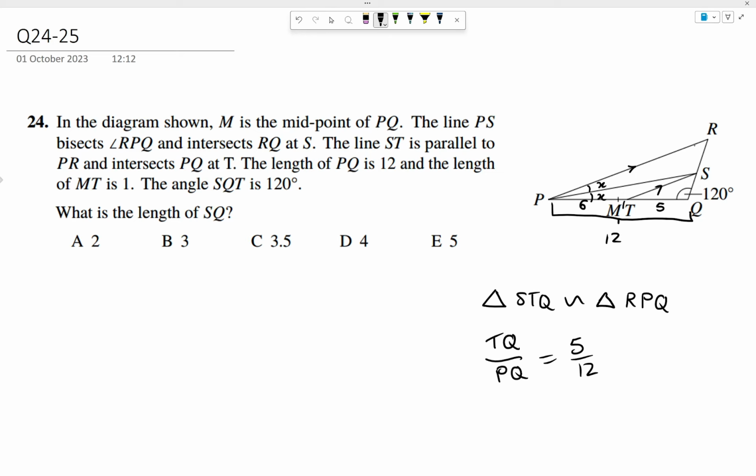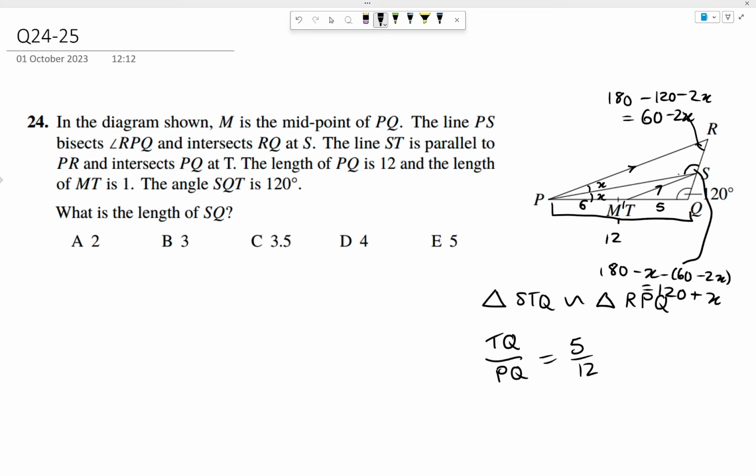So using angles in a triangle add up to 180, this angle here is 180 minus 120 minus 2x, which is 60 minus 2x. Then this angle here is going to be 180 minus x minus 60 minus 2x, which is 120 plus x.